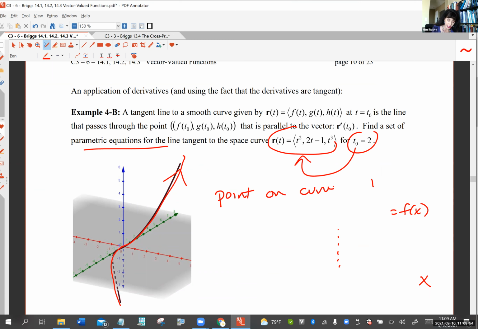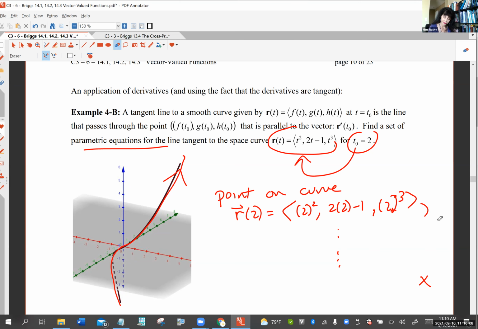So let's get the point on the curve first, because this is also going to be a point on our line. So what is r evaluated at 2? You're just going to do direct substitution here, no big deal. Okay, and I get 4, 3.